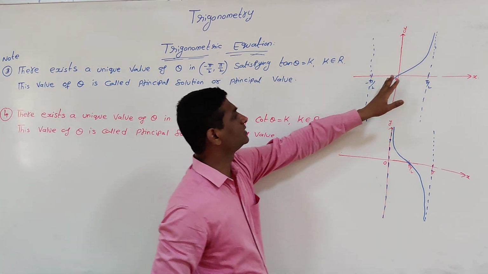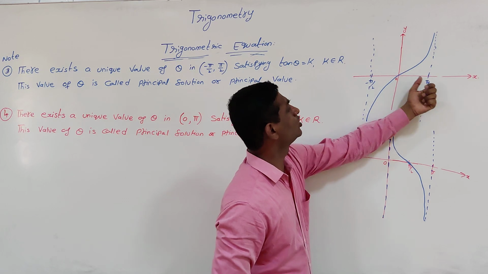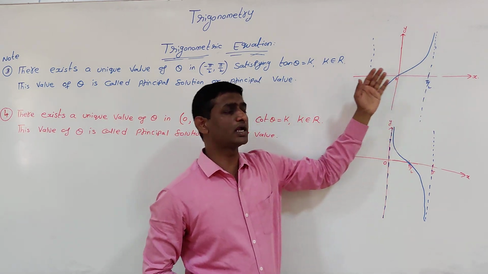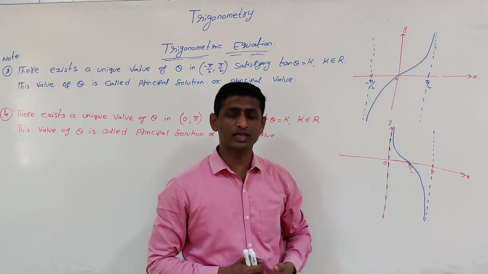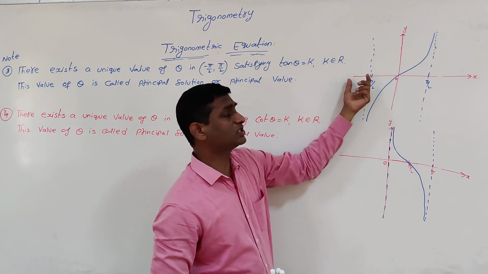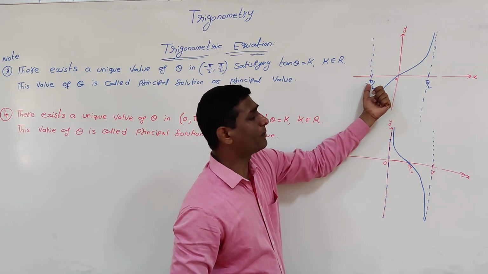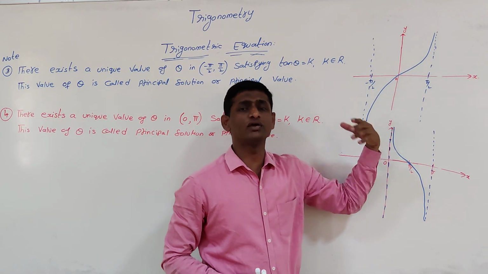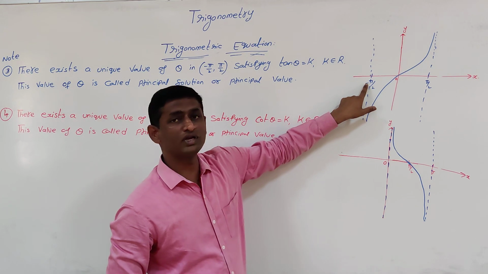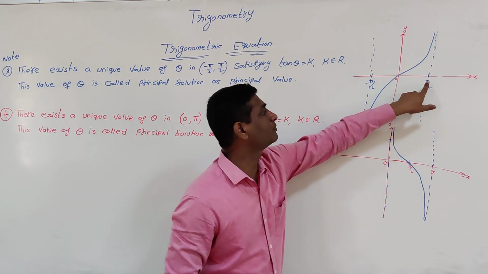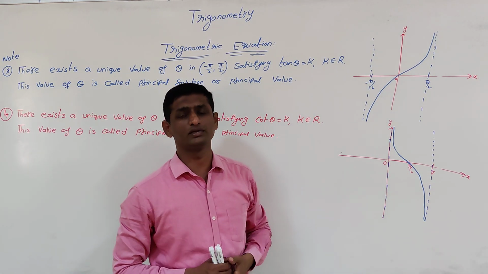For tan theta, from 0 to pi by 2 we have positive values, and from minus pi by 2 to 0 we have negative values. So we restrict the domain of tan theta to the open interval minus pi by 2 to pi by 2. Why an open interval? Because the left end point minus pi by 2 and the right end point pi by 2 are not included.